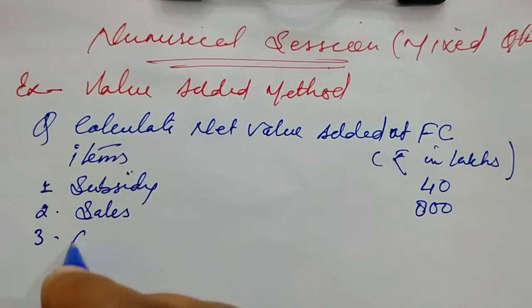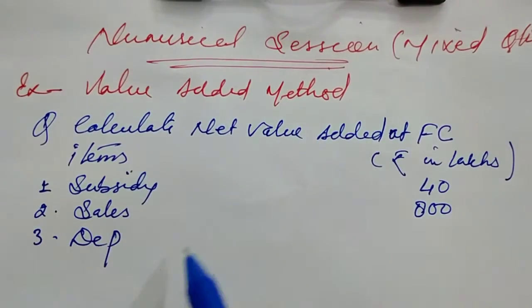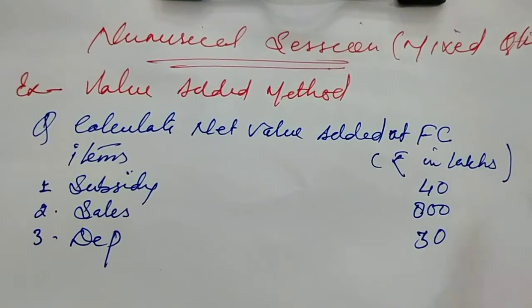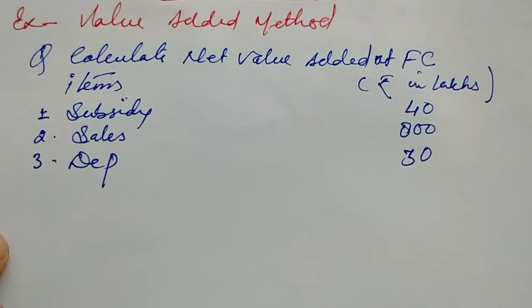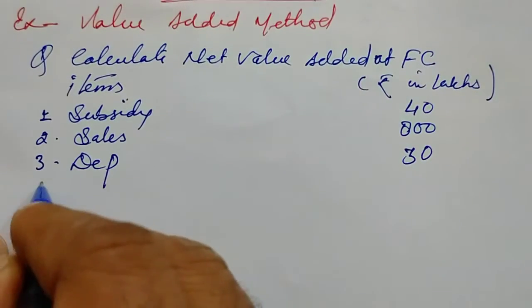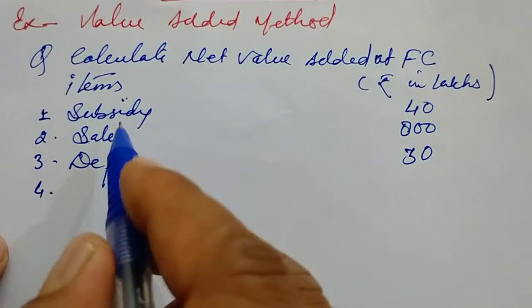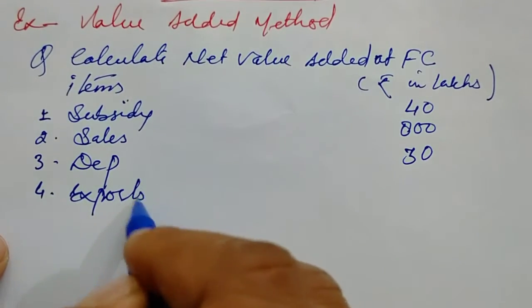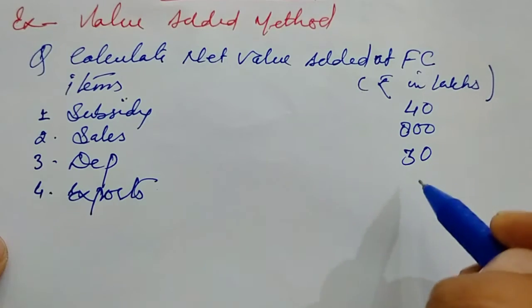Third, depreciation, in short we can say DAP. Its amount is 30. And fourth I am taking exports. In exports, amount I am taking 100.